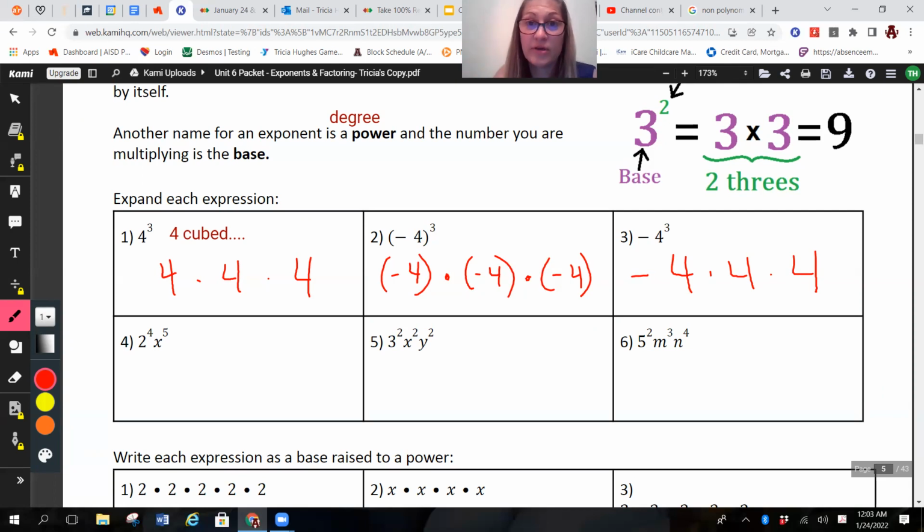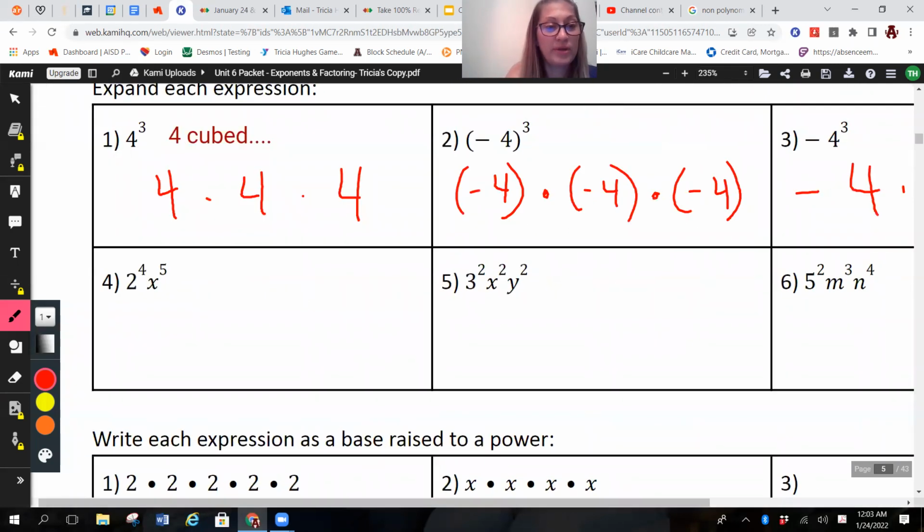That's why negative is repeated, negative 4, negative 4, negative 4. Number 3, it just says negative 4 to the power of 3, negative 4 cubed. So we would just write a negative out in front and then 4 times 4 times 4. That's all positive.